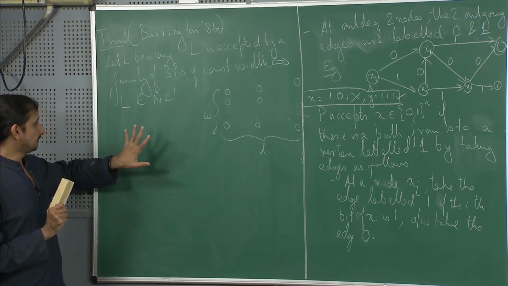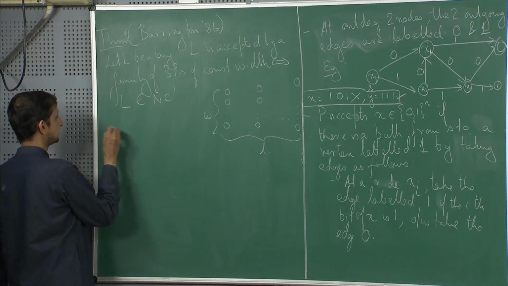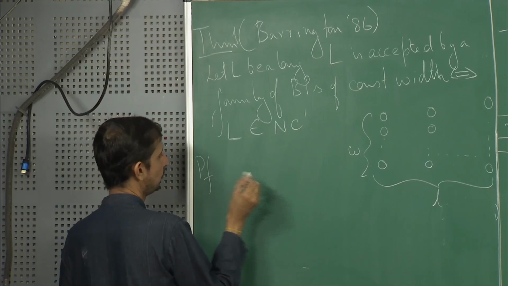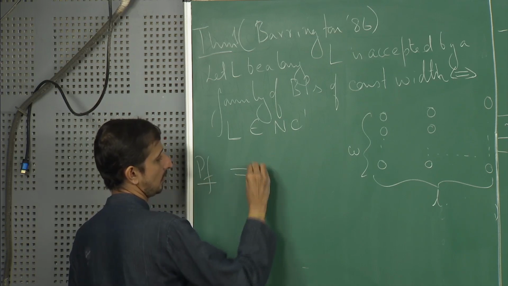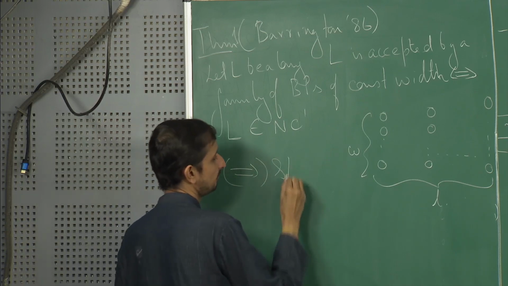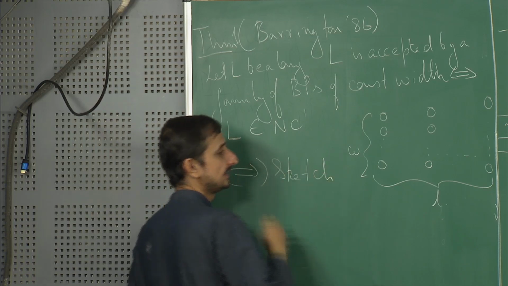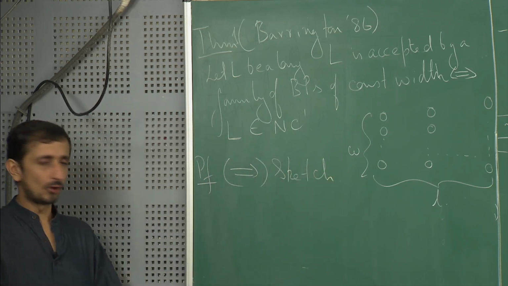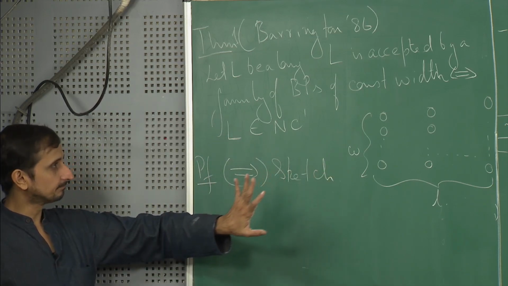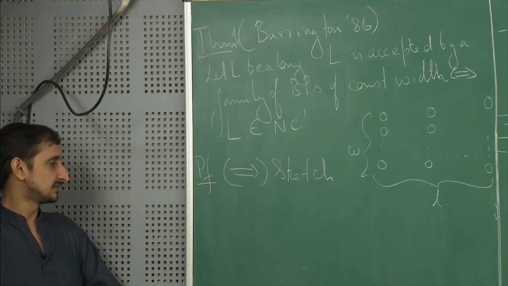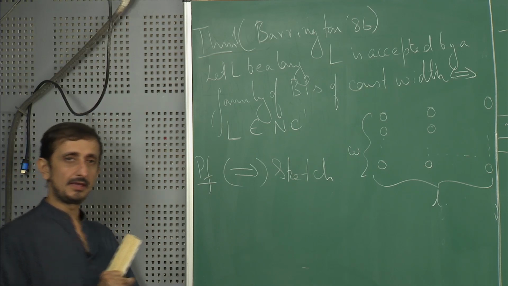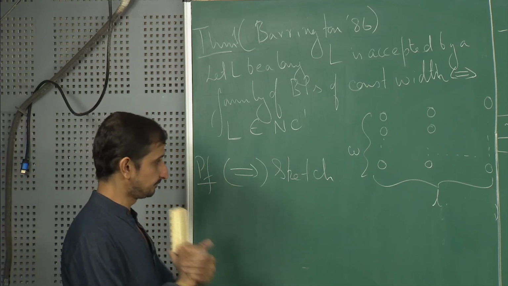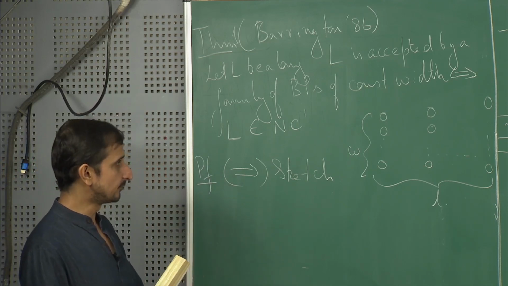Okay. So yeah, this is basically the proof of the forward direction, or I shouldn't say proof, but a sketch of the proof of the forward direction. As homework, you can formalize exactly what the NC1 construction would be, but this was something that was believed.